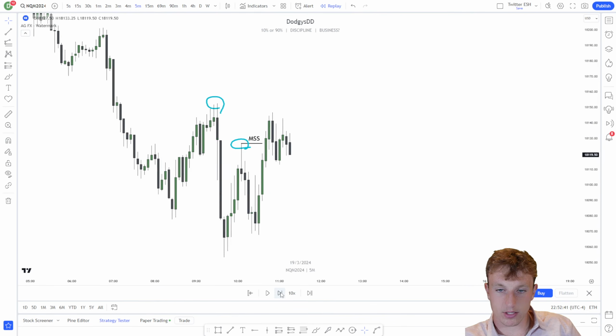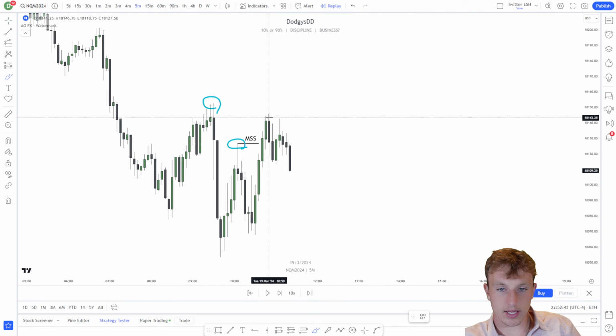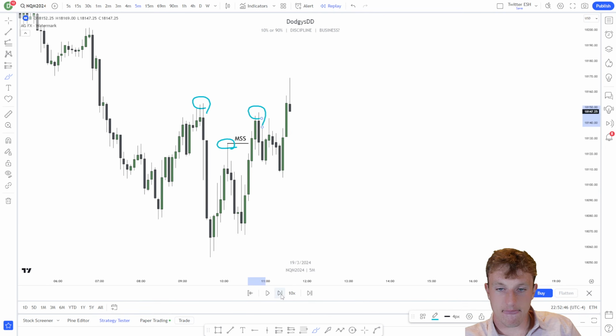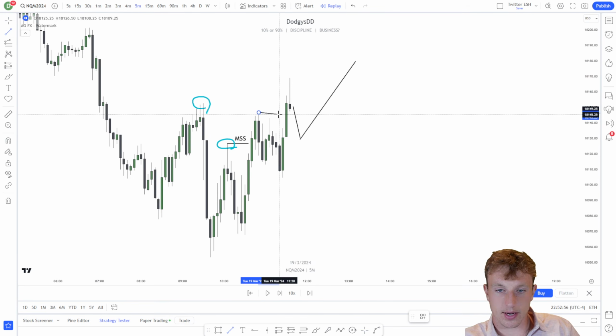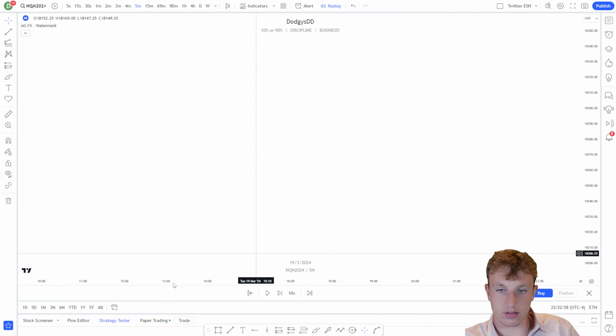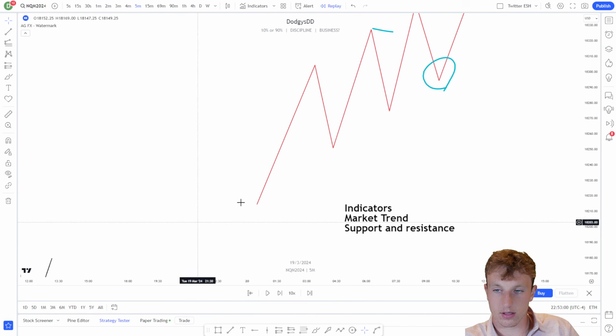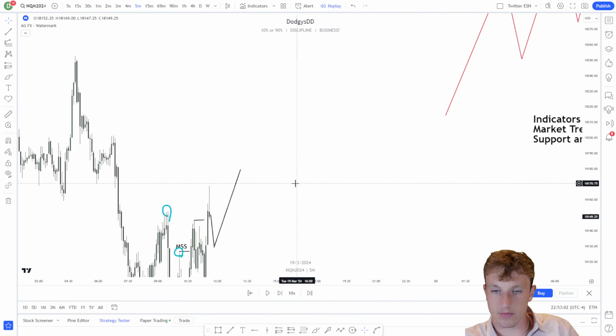So I'm going to kind of watch. We make a new high here, new higher high. And then we break it again. So what am I going to do? I'm going to buy this next pullback right here, because if we truly broke structure again, then price should typically look something like this. What did I do over here?